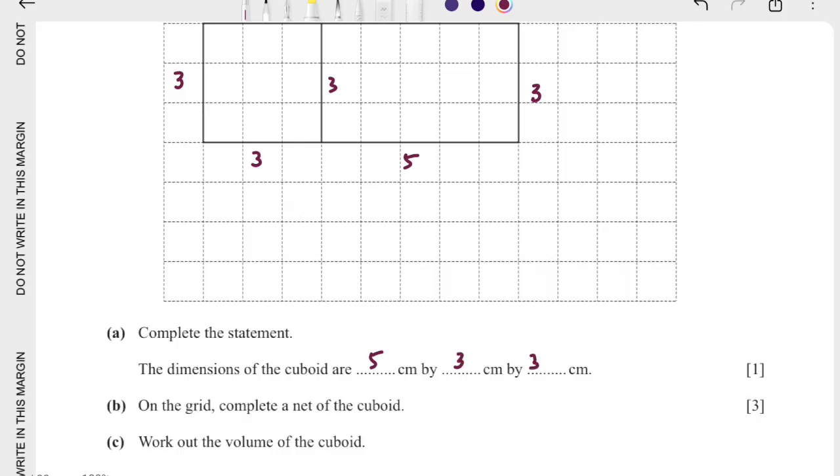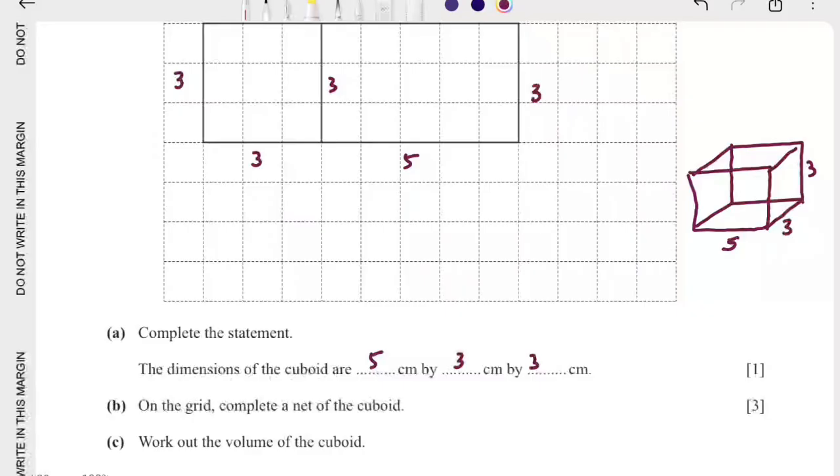Let me draw a cuboid here. Students, if you see, the rectangle shown here has length 5 and width 3 and height 3 again.